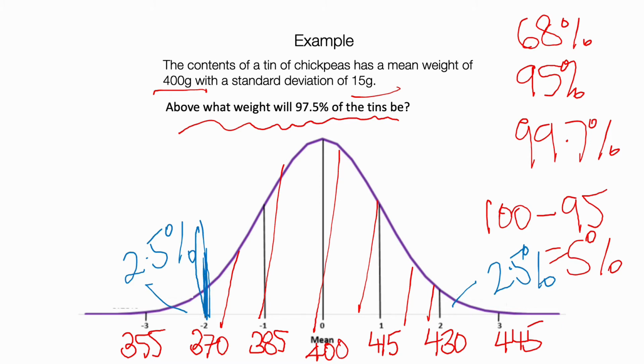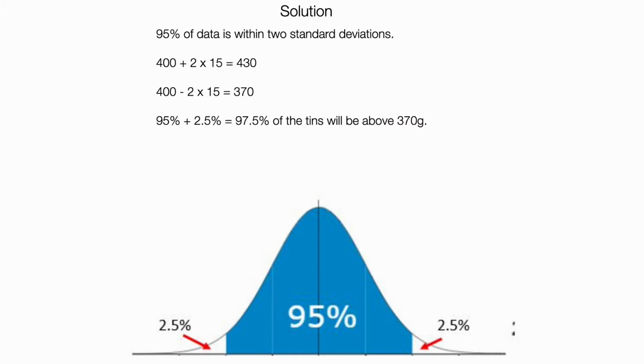So the answer to this, above what weight will 97.5% of the tins be, is 370 grams. And I think the next slide will probably show it a little bit more neatly. So if my diagram doesn't make sense, hopefully this one will do.